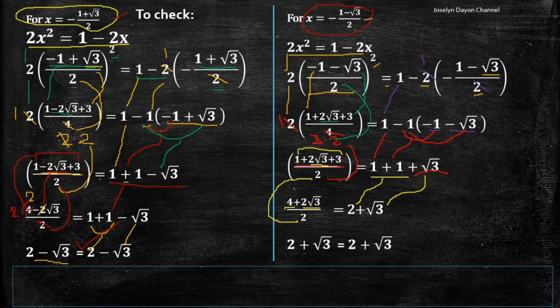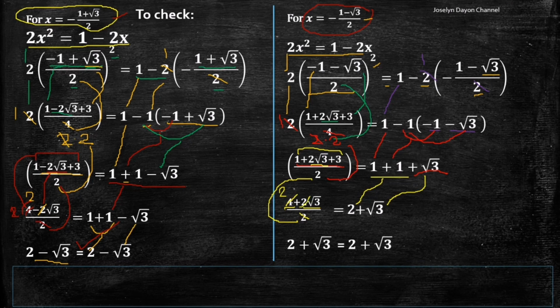Now, we can factor out the numerator. So, this will become 4. Factors of 4 are 2 and 2. So, we have 2. And for the 2 square root of 3, that's already 1.